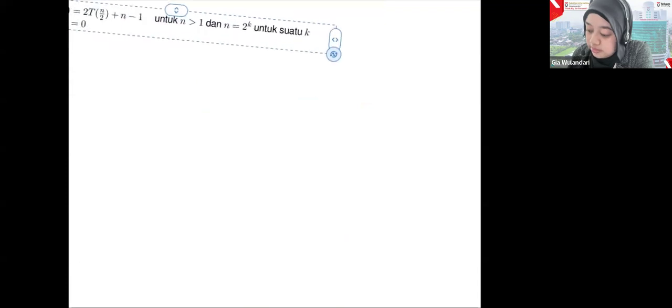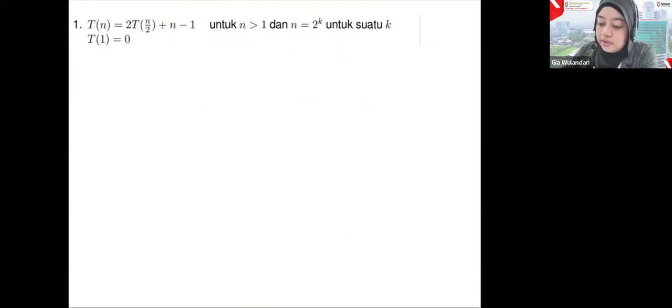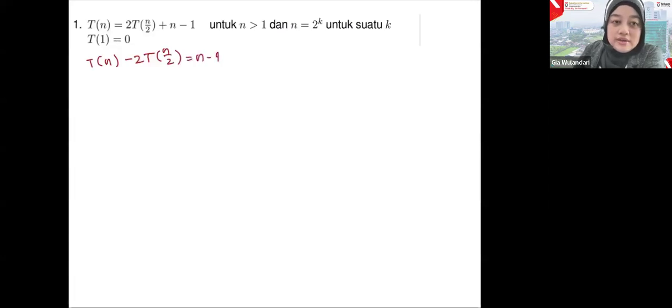So for example, the first one, here we have Tn minus 2 Tn over 2 is equal to n minus 1, right? So because we assume that n is a power of 2, then we can substitute it.